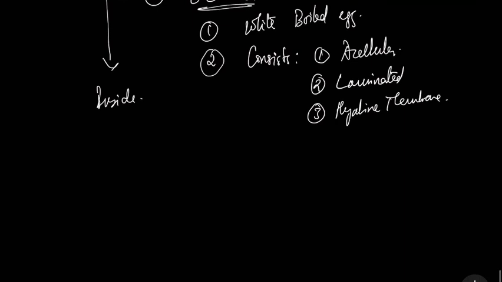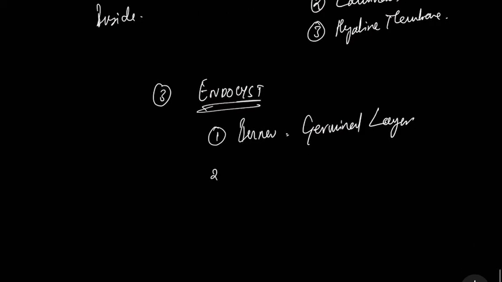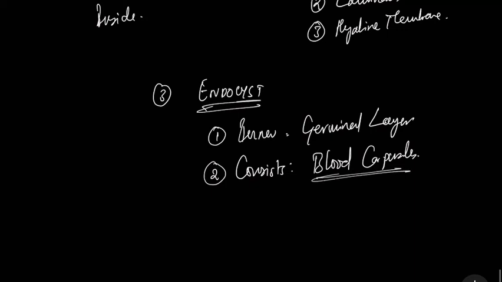Now the innermost layer is the endocyst. This is the inner germinal layer. Second, it consists of, as we studied in the pathogenesis, brood corpuscles, which develop from the inner side of the cyst.